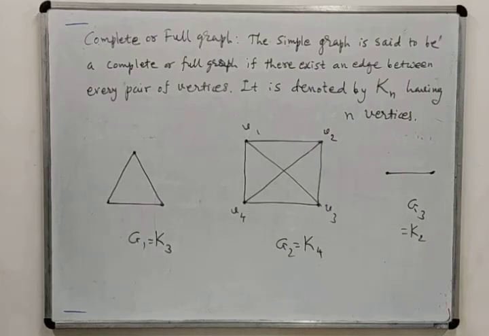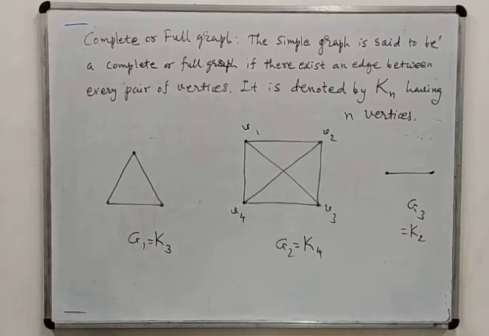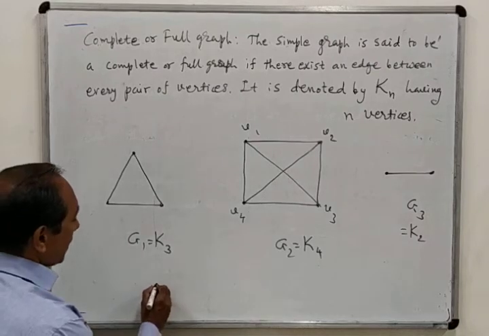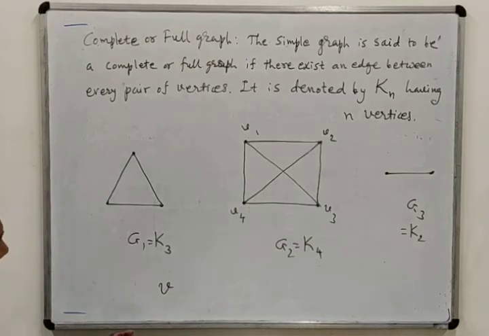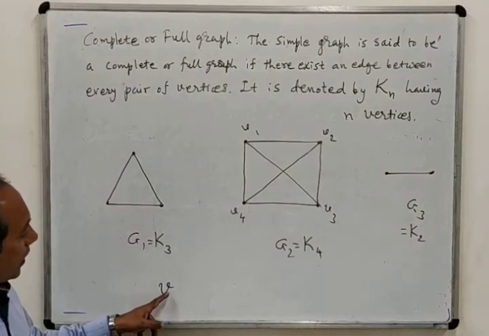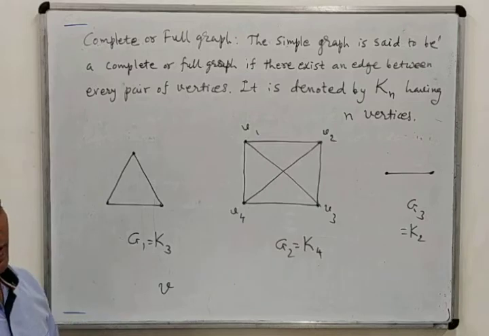Okay. And one more thing here. We will see it later on, but you observe that in a complete graph G, if there is some vertex V, then this vertex is connected to all other vertices.